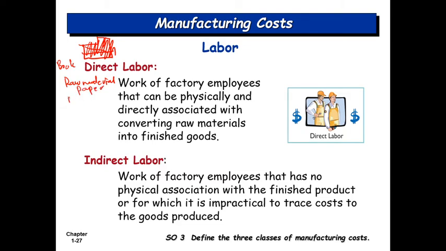So we have direct material and indirect material. In the production line, we have the reel there, this is the machine. So this is your labor.